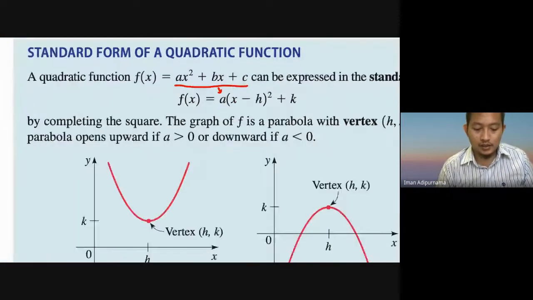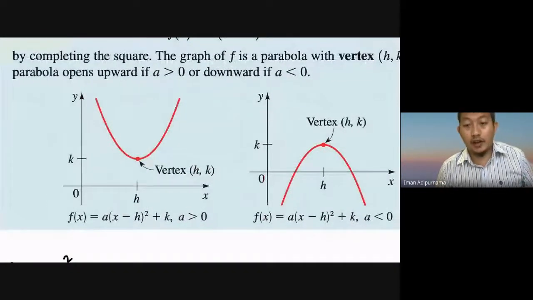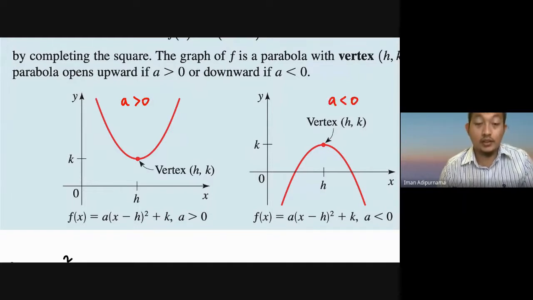And then we can have two kinds of graph, the upward graphs and downward graphs. Upward if a is positive, downward if a is negative. So x squared and minus x squared will have two different graphs.